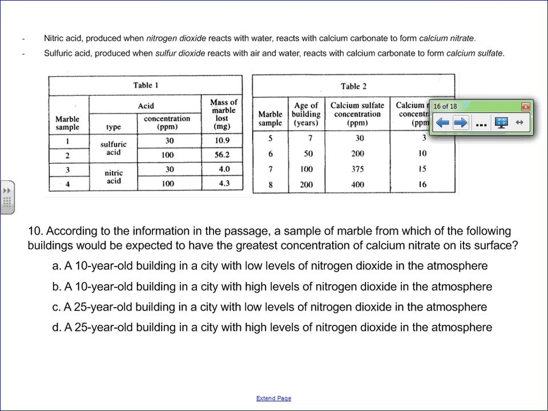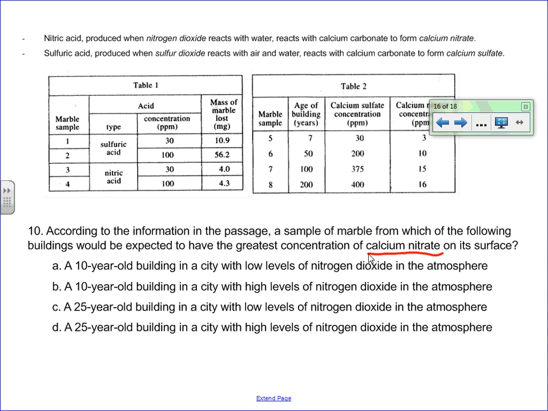Then, according to the information in the passage, a sample of marble from which of the following buildings would be expected to have the greatest concentration, the tricky part here, of calcium nitrate? A 10-year-old building with low levels of nitrogen dioxide. A 10-year-old building with high levels of nitrogen dioxide. A 25-year-old building with low levels of nitrogen dioxide, or a 25-year-old building with high levels of nitrogen dioxide. What do we think is the answer?